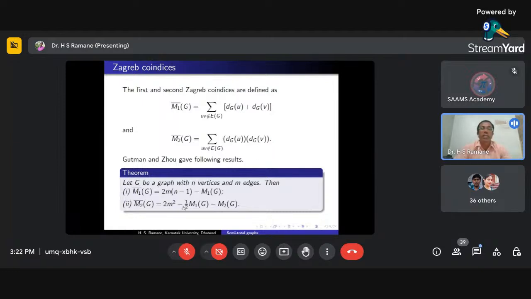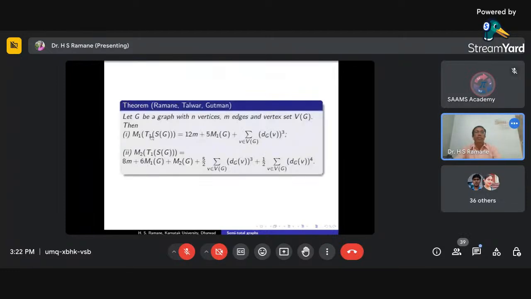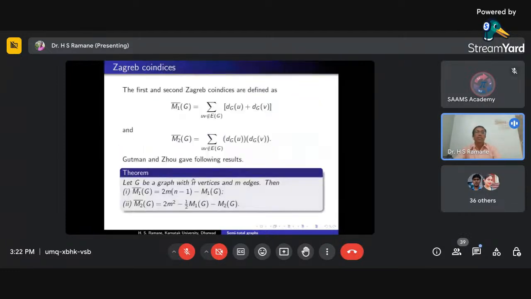Gutman gave the following results in terms of Zagreb indices and co-indices of a graph. If G is a graph with n points and m lines, then M1 bar of G is 2m into (n minus 1) minus M1(G), and M2 bar of G is 2m square minus half M1(G) minus M2(G). Knowing these results, and since we already know the Zagreb indices of T1 and T2, one can easily write the Zagreb co-indices of the T1 of SG and T2 of SG.